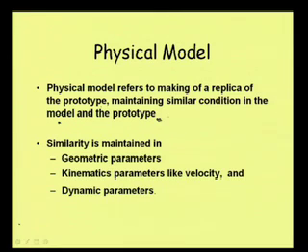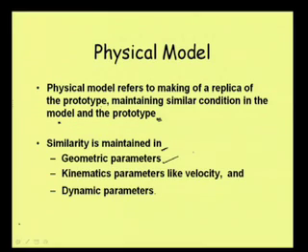Well, so we need to have similarity between this model and the prototype. Now, when we say similarity, what sort of similarity? There can be different types of similarity between the model and the prototype. Rather, we need to maintain different types of similarity based on our need. So, those similarities are, say, first is the geometric parameter.